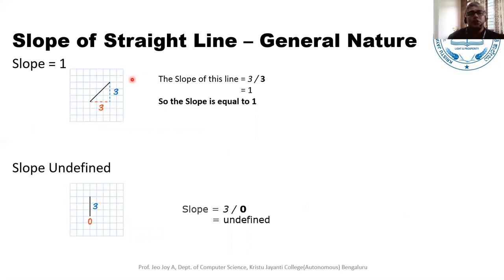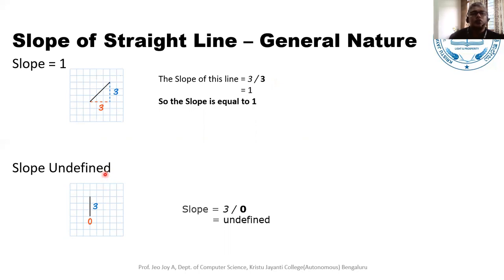There may also be straight lines with slope equal to 1, that is unity. That happens when the difference in y ordinates and the difference in x ordinates of the endpoints are one and the same. So y2 minus y1 divided by x2 minus x1 has the same numerator and denominator, like 3 by 3 in this case, and you get a slope equal to unity.